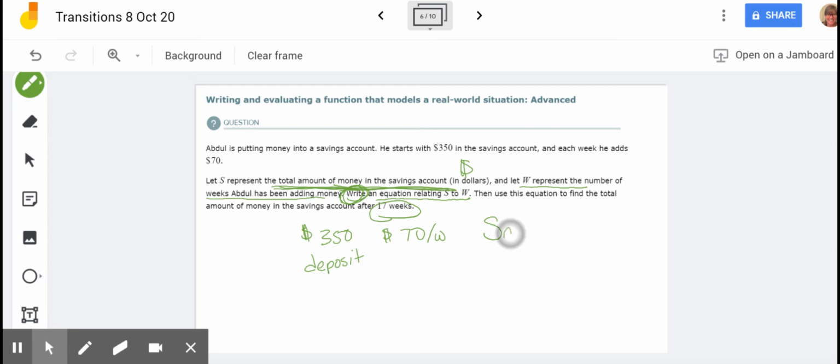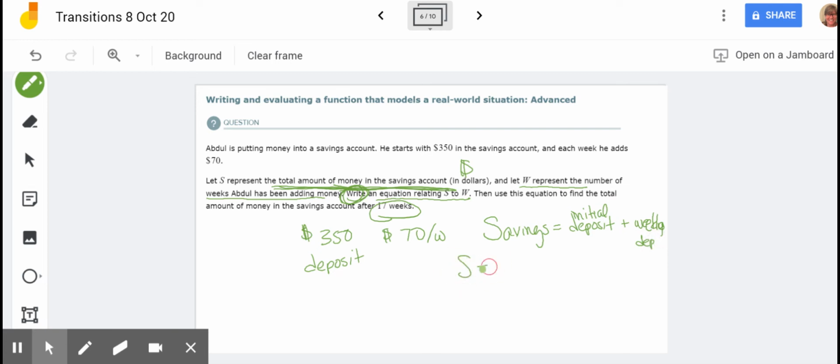His savings is going to be equal to his initial deposit plus his weekly deposit, okay?